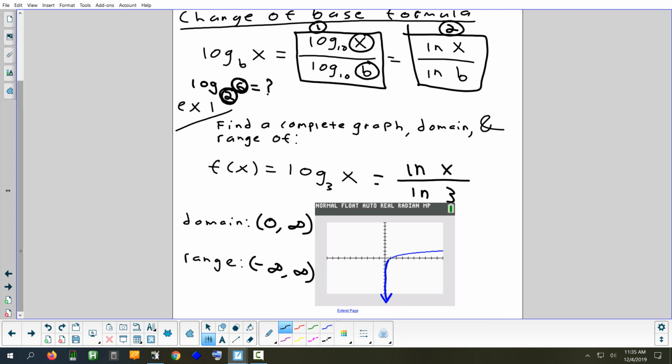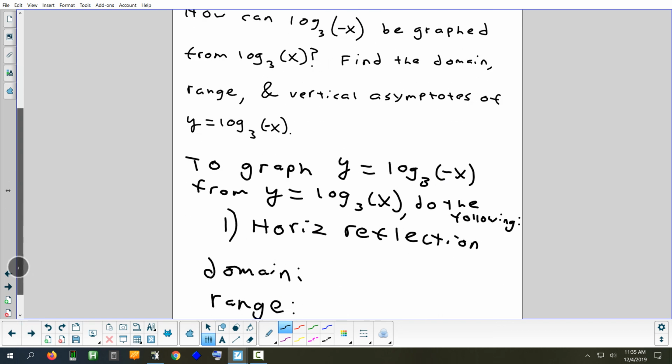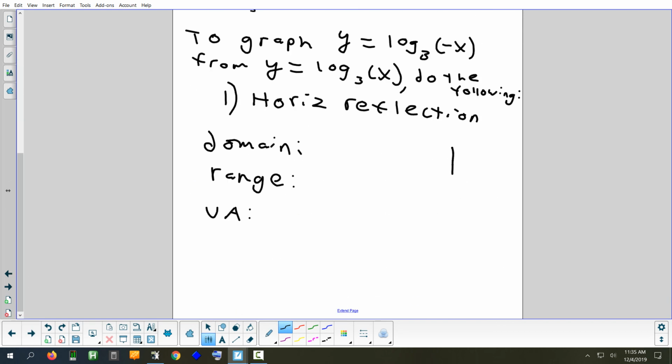That'll help you figure out the domain, the range, and all that stuff. It's basically going to look like this. That's a mirror image. So what's the domain going to be of this graph now that we flipped it?